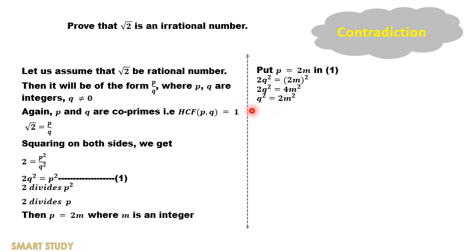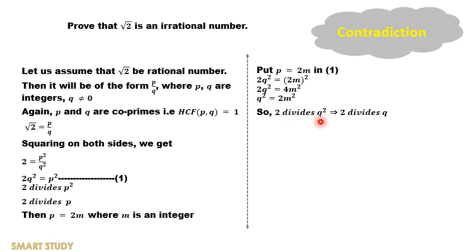After simplification, 2q square equal to 4m square, then 2 and this 4 will get cancelled, then q square equal to 2m square. So 2 divides q square, then we get quotient m square, so that is 2 divides q square.